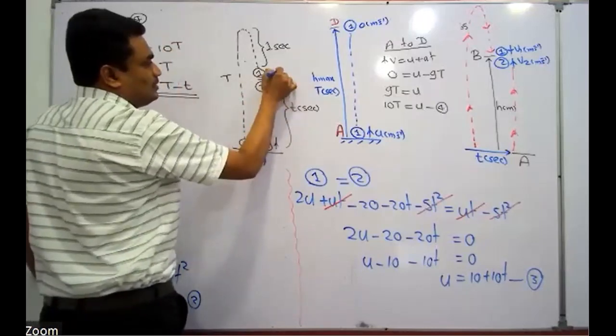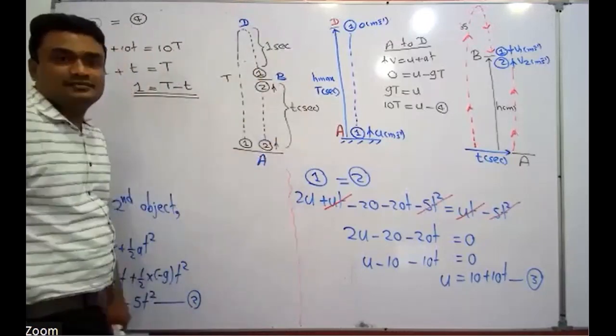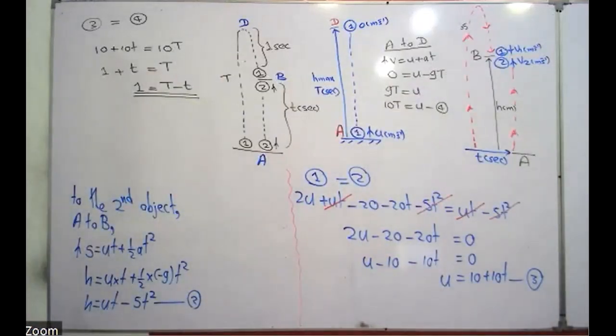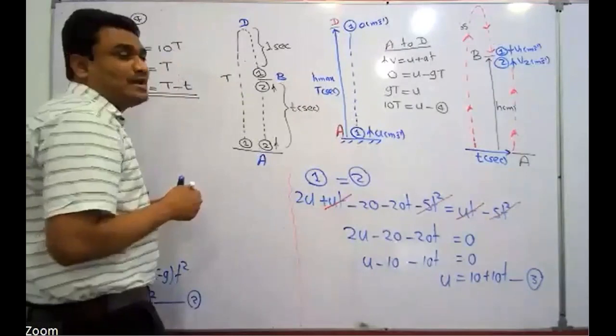A, B, D. Right? So D is the maximum point, B is the point where the two objects meet.